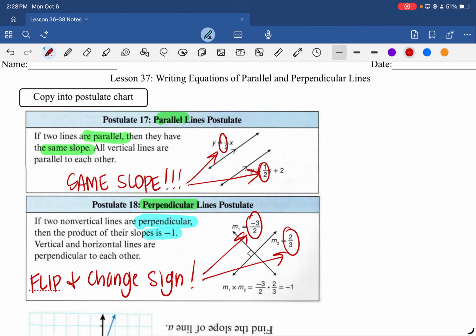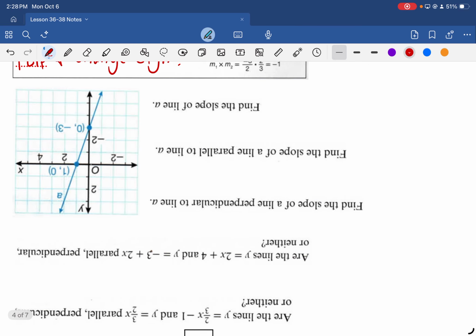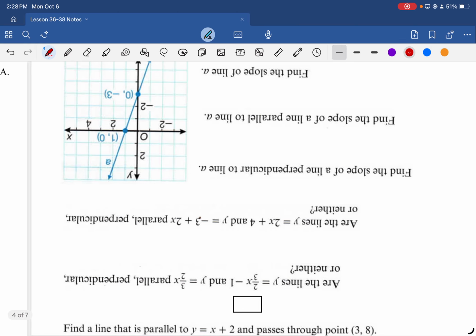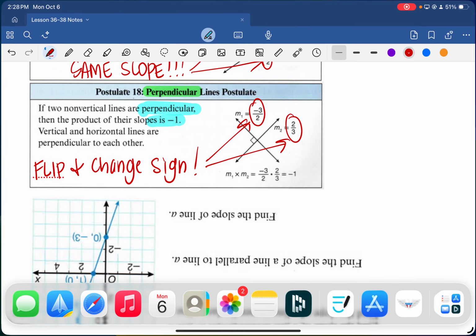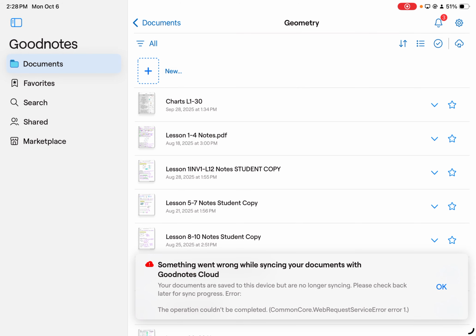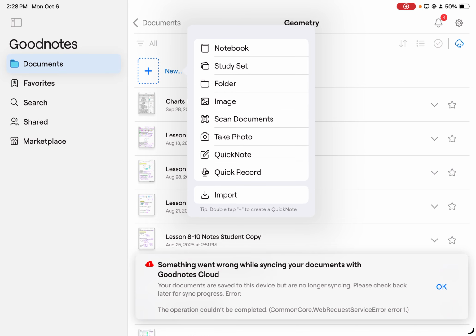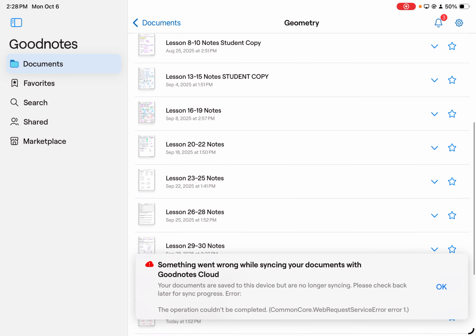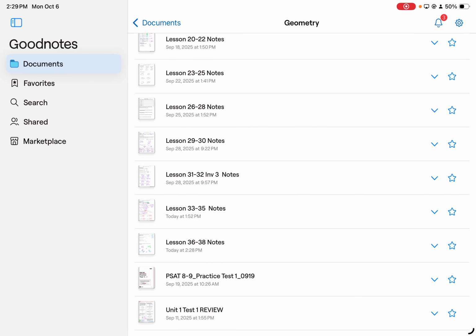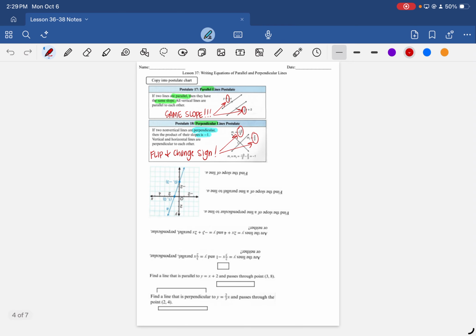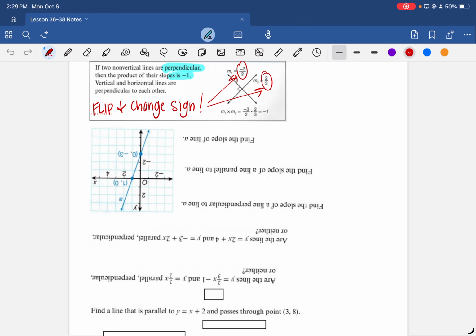Okay, so what does that look like? Whoa. Why is this upside down? That's very weird. Is it like that on your paper? No. That is odd. I wonder if I open this back up. How can I rotate that?